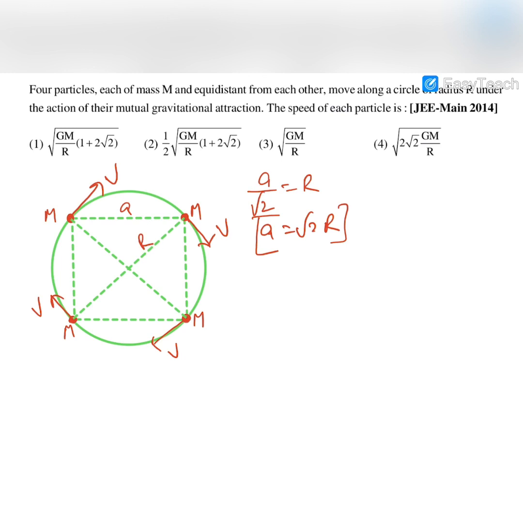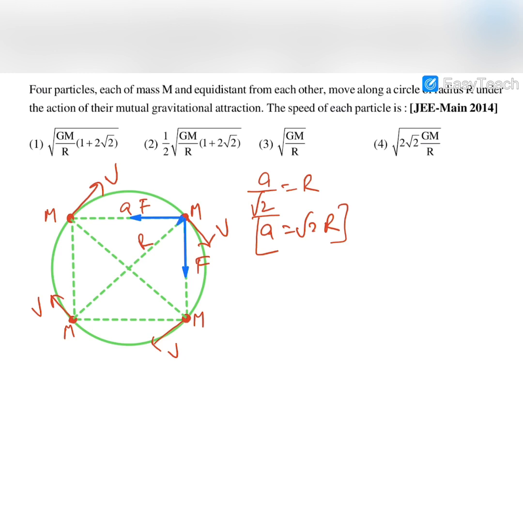Now each one of them is applying some gravitational force on the others. Let us assume that we are talking about this particle. The gravitational pull on this one due to this one is F, and the gravitational force due to the other mass m is also F, and the gravitational force due to the diagonal mass would be F by 2.